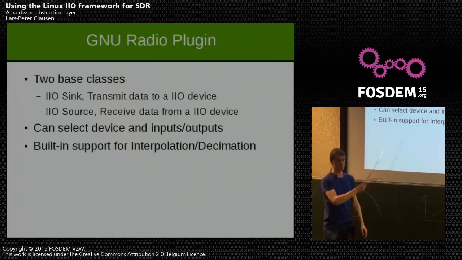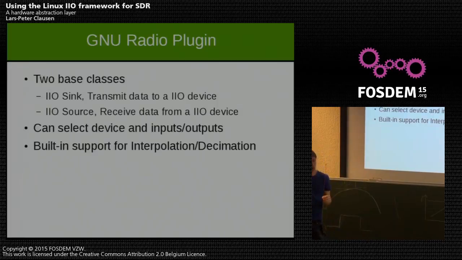And we also have a GNU Radio plugin, which is kind of interesting from a software-defined radio perspective. We have two basic blocks or classes. One is the IO sink, the other one is the IO source, which each subclass the basic sink or basic source. So they allow you to stream data from an IO device into GNU Radio or transmit data to an IO device from GNU Radio.